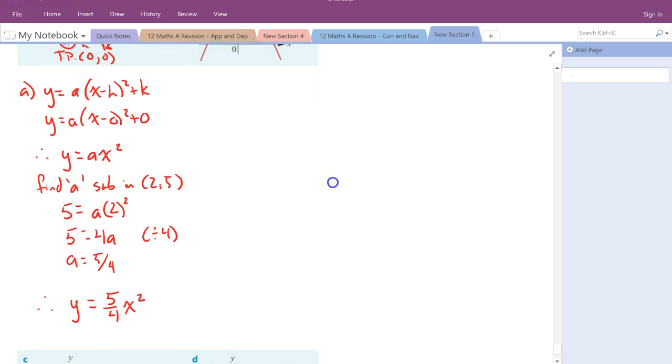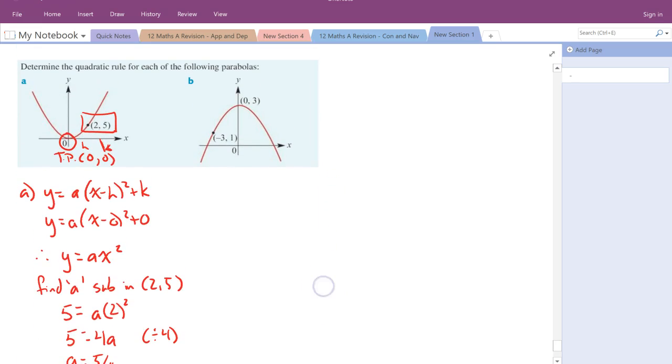Okay, so that's the first one. The second one, again, we have a turning point, so we have an h and a k. For B, the turning point equals 0, 3. Therefore h equals 0, k equals 3.